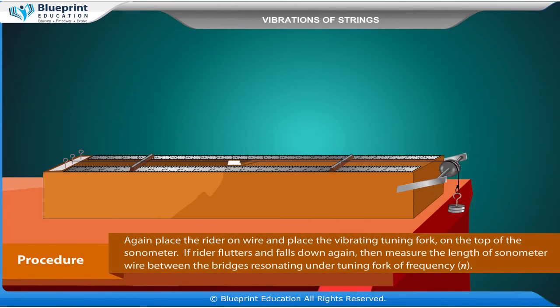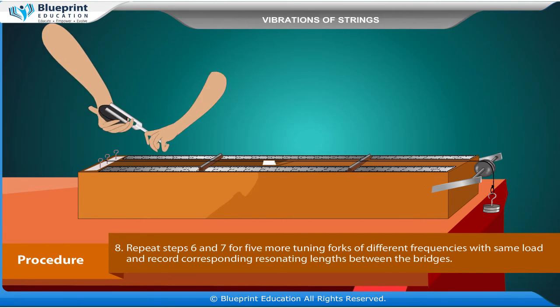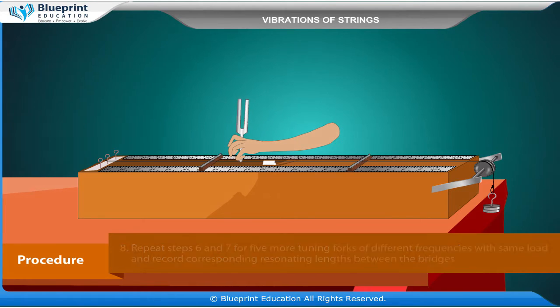Again, place the rider on wire and place the vibrating tuning fork on the top of the sonometer. If rider flutters and falls down again, then measure the length of sonometer wire between the bridges resonating under tuning fork of frequency N. Repeat steps 6 and 7 for 5 more tuning forks of different frequencies with same load and record corresponding resonating length between the bridges.